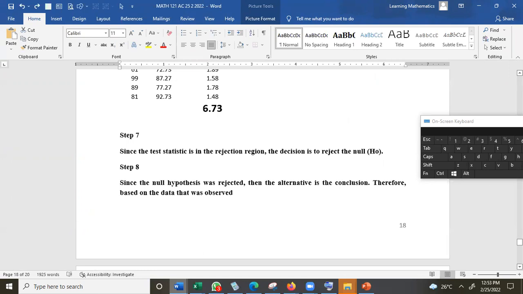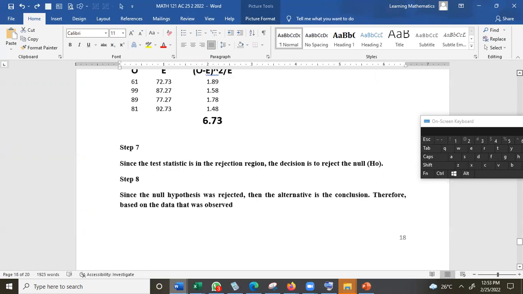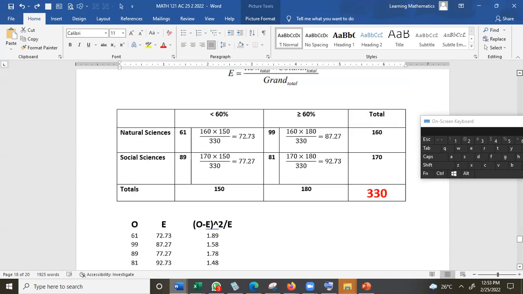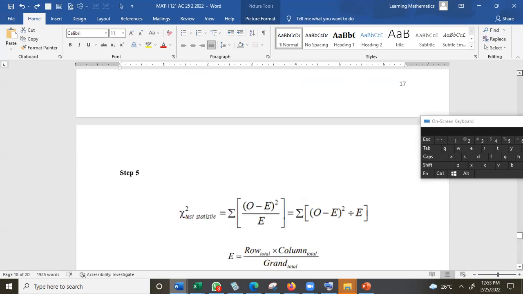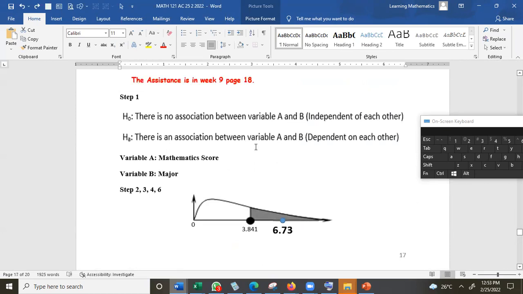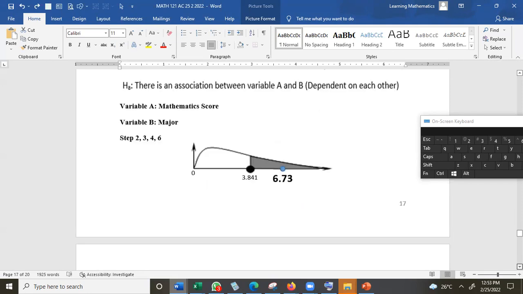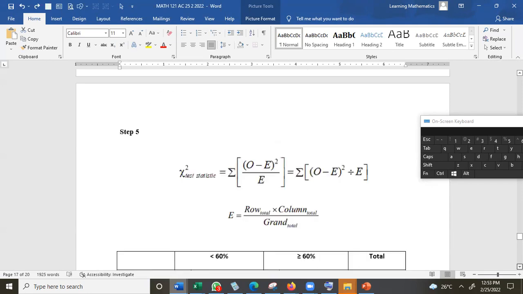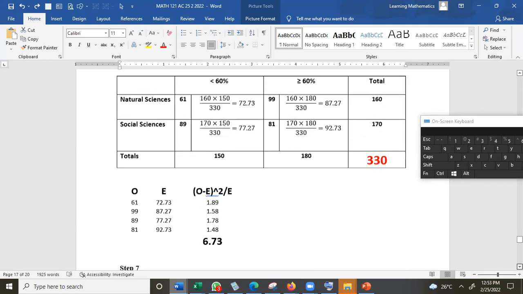Therefore, based on the data that was observed, let's quote what the alternative is saying because we rejected the null. There is an association between the variables, mathematics score and major. So there is an association according to the data.